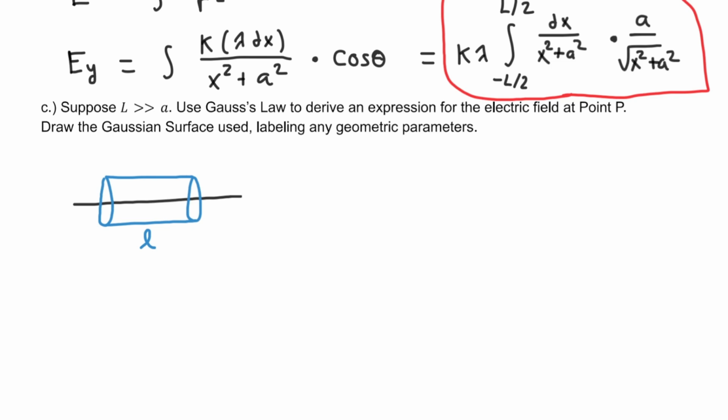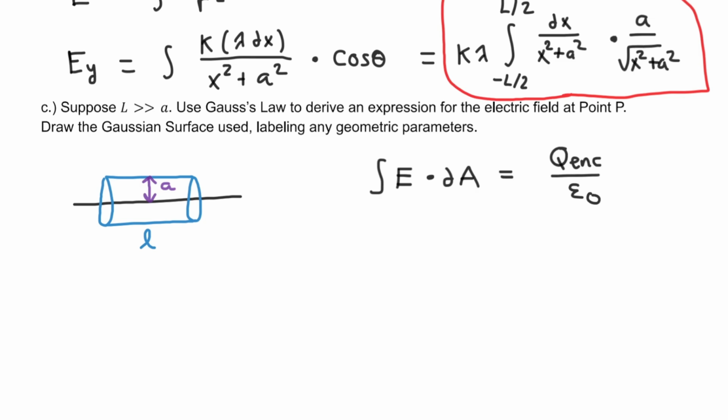But what does matter is that the radius of the cylinder is the point of interest that we want the field at, which is a distance a. So the radius of the cylinder is a. Gauss's law tells us that the flux through the cylinder, integral E dot dA, has to be equal to the charge enclosed by the cylinder divided by epsilon naught.